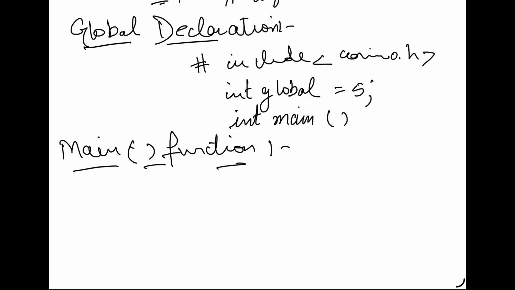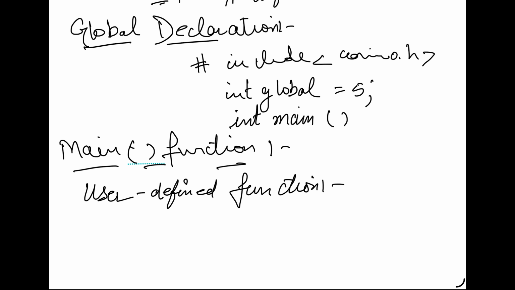The last section of the structure is the user defined function. This section is used to define user defined functions, where the user can give any name to the function. That is the structure of the C programming language.